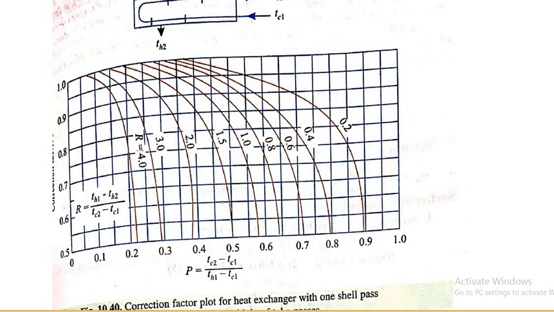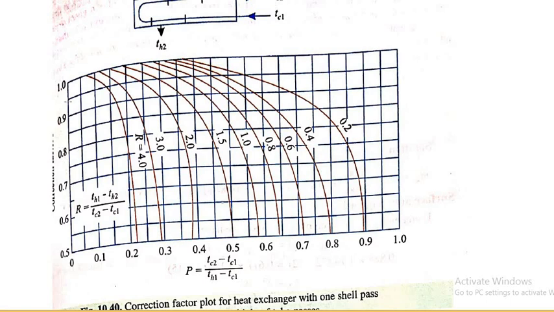Once we get the capacity ratio and the temperature ratio, we have to select the appropriate point: the temperature ratio point on the x-axis, and the curved line related to the capacity ratio. Then we have to take that point to the y-axis.